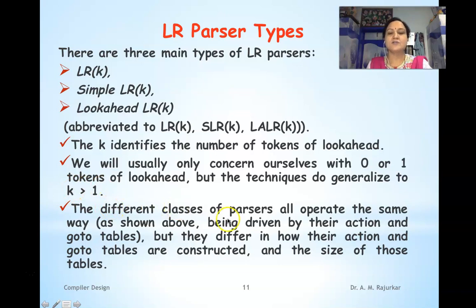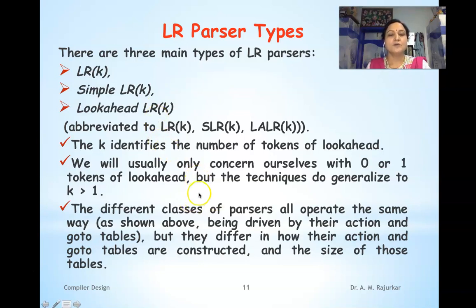Now the different classes of parsers all operate the same way. LR(k), simple LR(k) and LALR(k) all operate the same way because they are all shift-reduce parsers. They take the decision either to shift from the input buffer to the stack, or to reduce the handle available on top of the stack, or accept if the input string is accepted, or if it is not accepted there will be an error.